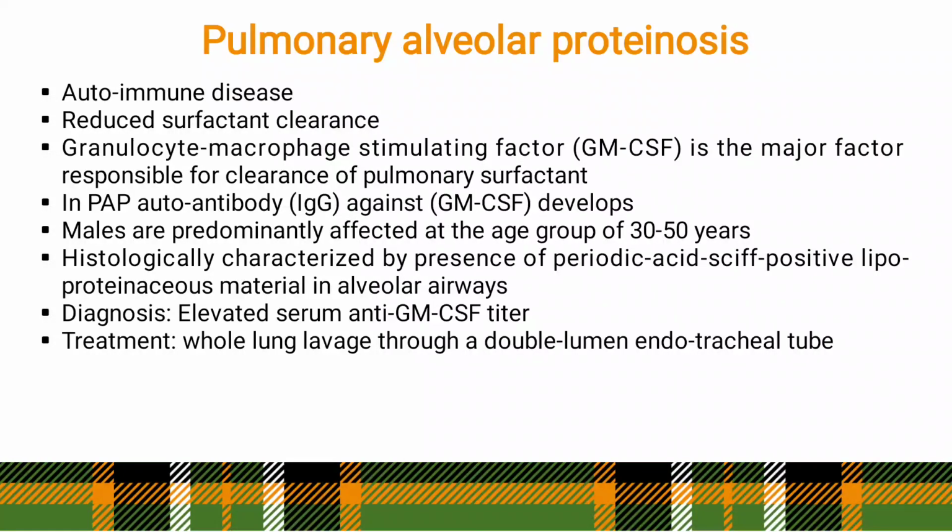Males are predominantly affected in the age group of 30 to 50 years, and histologically it is characterized by the presence of periodic acid Schiff positive lipoproteinaceous material in the alveolar airways. Diagnosis is done by elevated serum anti-GM-CSF titer, and treatment is done by whole lung lavage through a double lumen endotracheal tube.